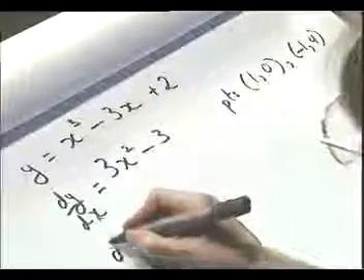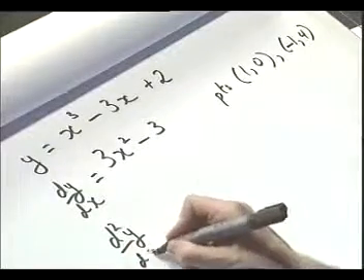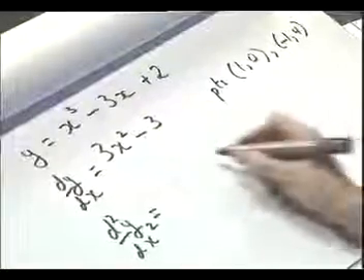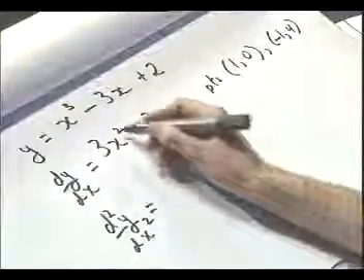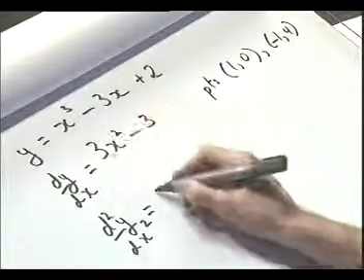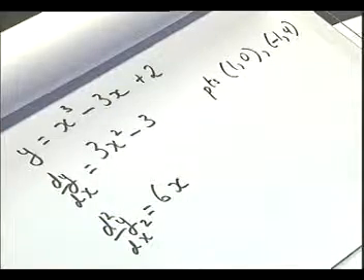So now let's take the second derivative, d2y by dx squared equals. So we differentiate this, and the derivative of the first term, we multiply by the index, so 2 3s are 6, and take 1 off the index, that's x. And the derivative of 3 is just 0.